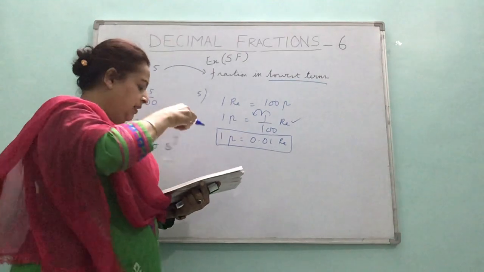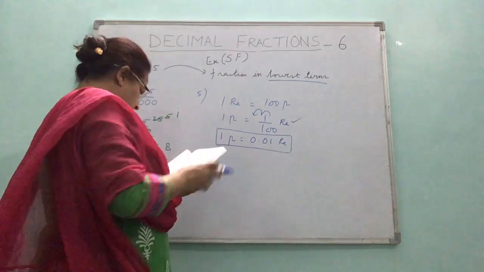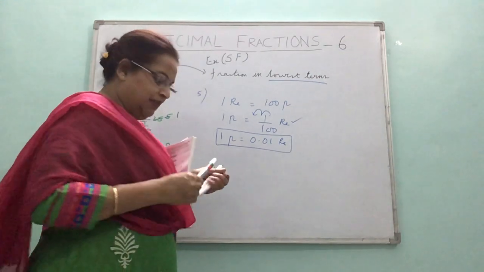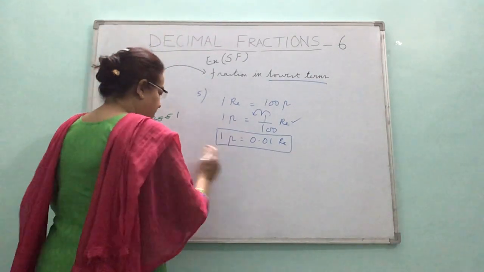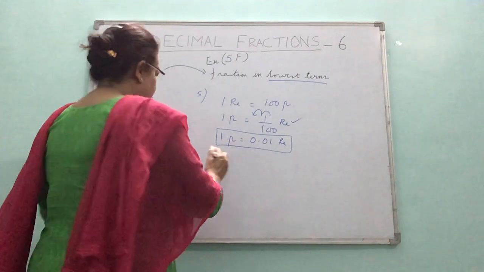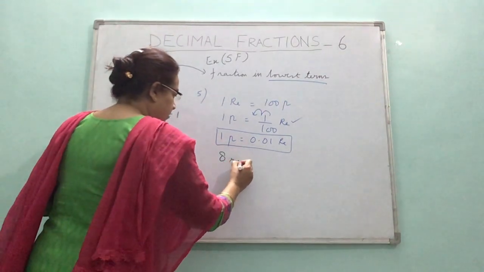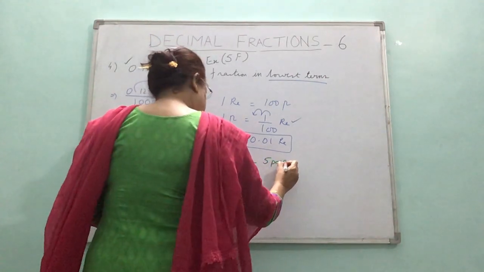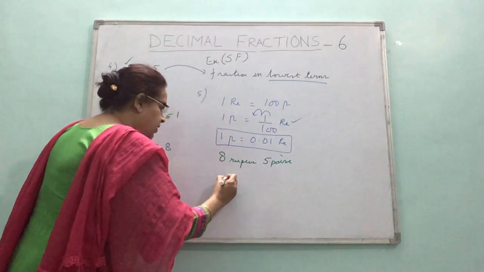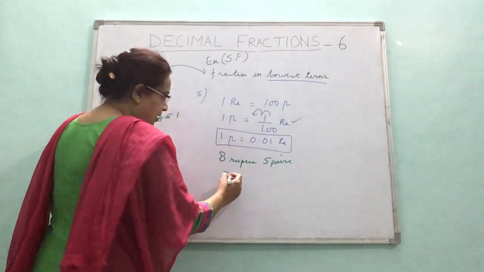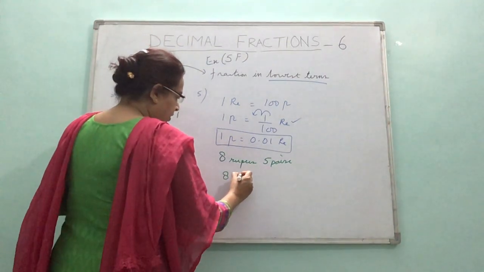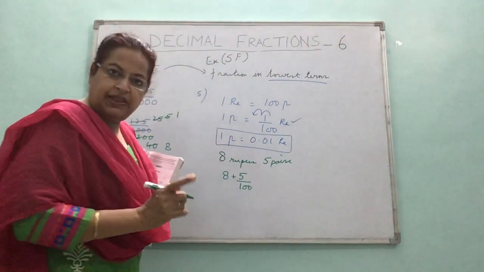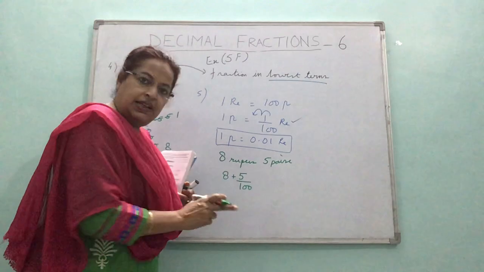Now they are saying, what is the question? 8 rupee 5 paisa. Very good question, I would say. 8 rupees 5 paisa. So it's 8 plus 5, and paisa I am dividing by 100 to convert to the same unit because I have to write in decimal.